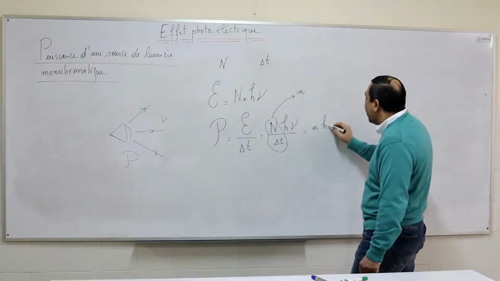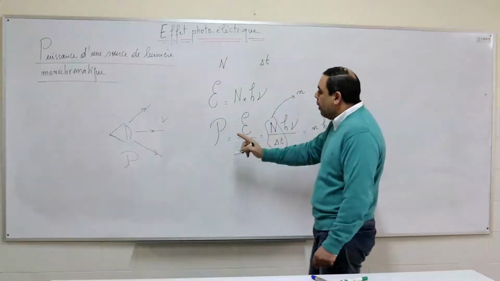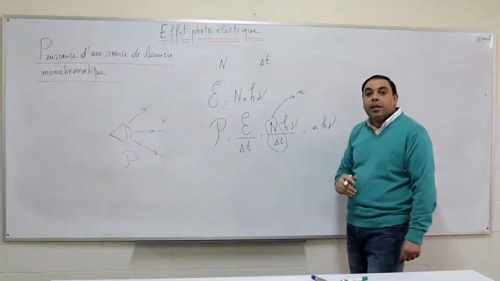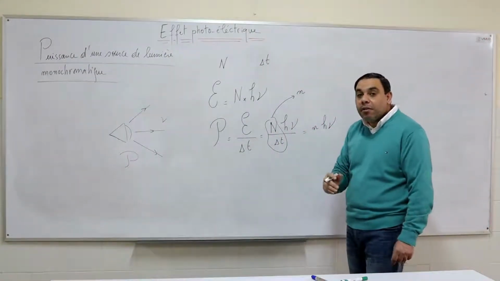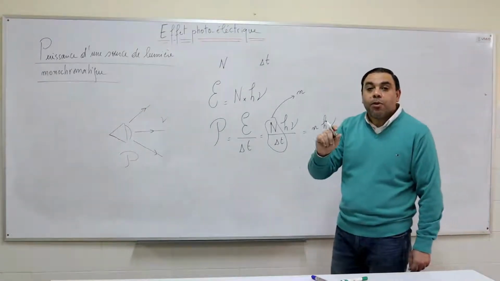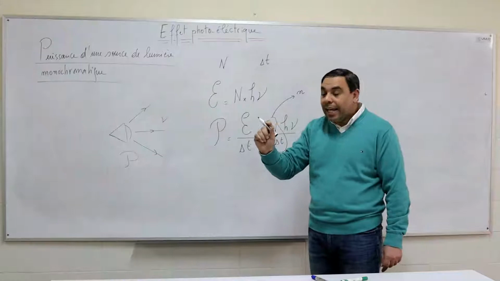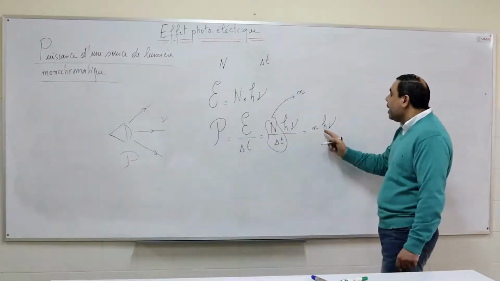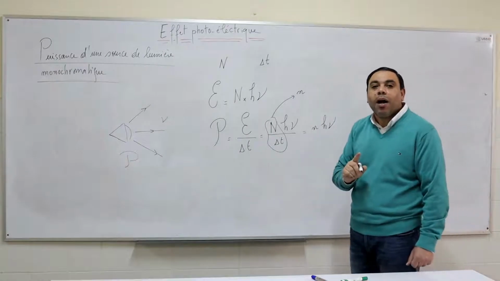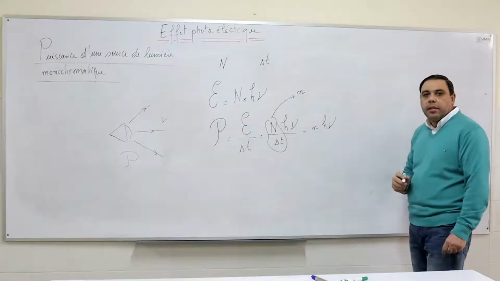So we get n h nu. Hence, the power of the light source that emits light in a uniform manner, that is, it emits the same number of photons during equal time intervals, is equal to n h nu over delta t, or n h nu, where lowercase n is the number of emitted photons per second.